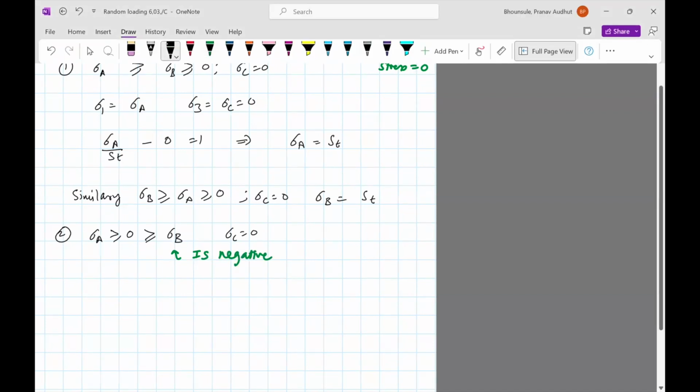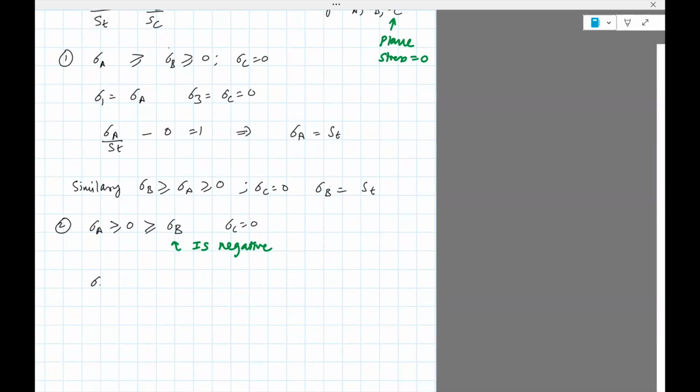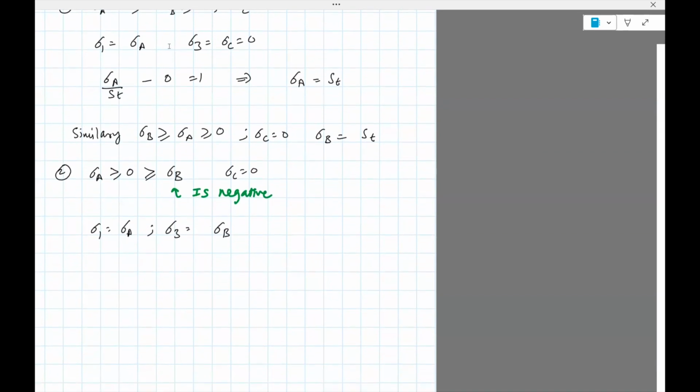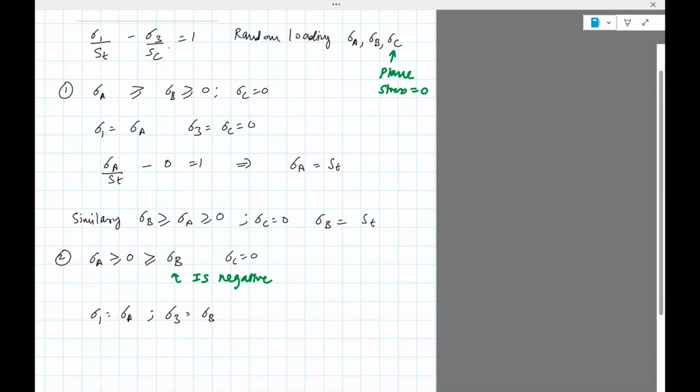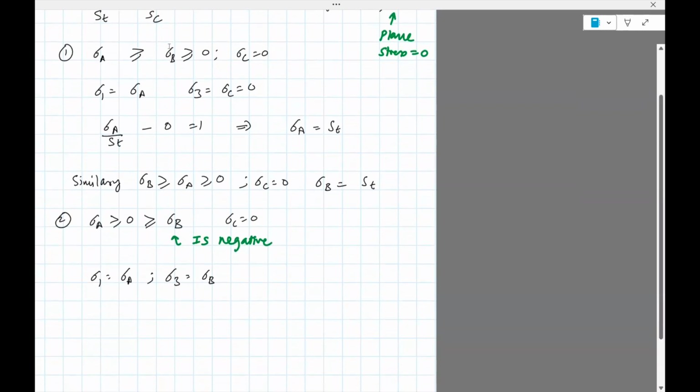So in this case, we would write sigma 1 as the greatest stress, which is sigma A, and sigma 3 is the minimum stress, which in this case is sigma B. So we can write from this equation now: sigma A divided by ST minus sigma B divided by SC equals 1.